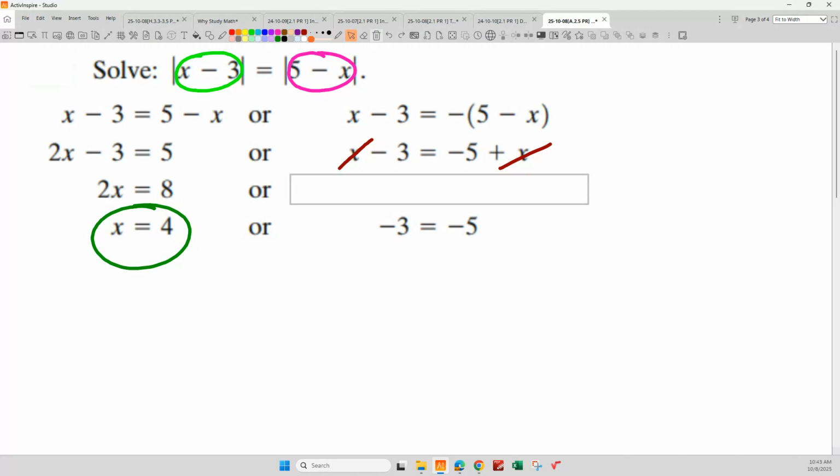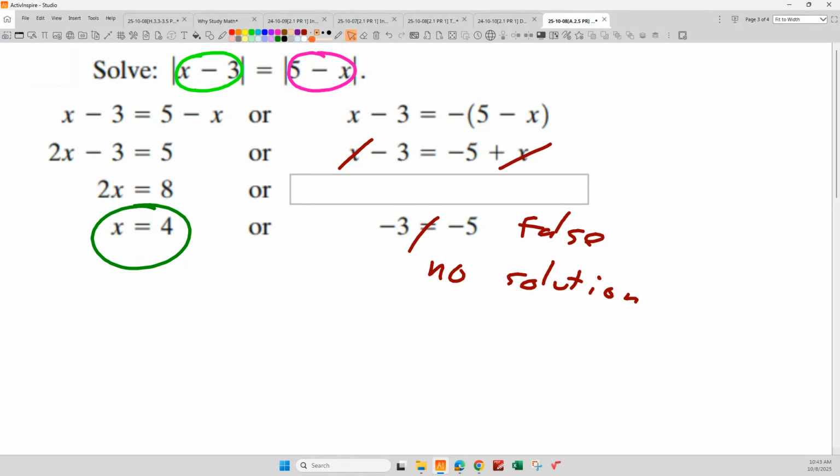If the variables disappear and I'm left with a false statement, no solution. So I get no solution from my second equation. So show me with your fingers, how many solutions total did I end up getting? Just one. Only got a solution from the first of my two equations, right?